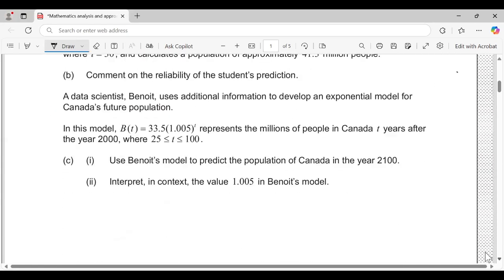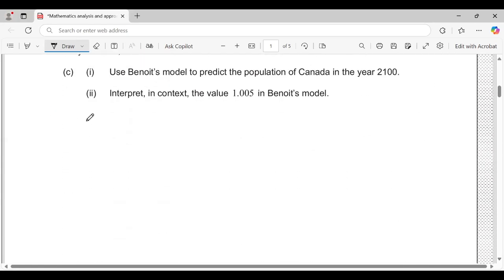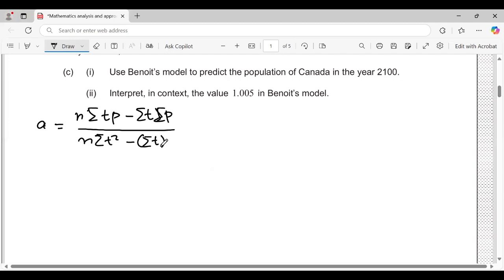Let's calculate A. A equals n sigma TP minus sigma T times sigma P, divided by n sigma T squared minus sigma T all squared. And if you substitute, n is 5.